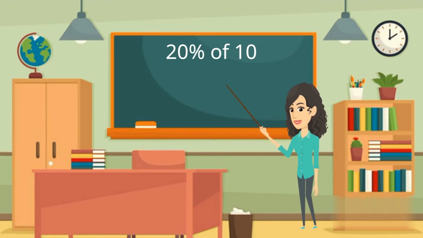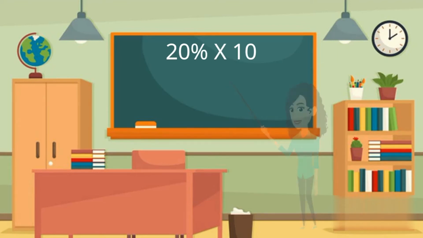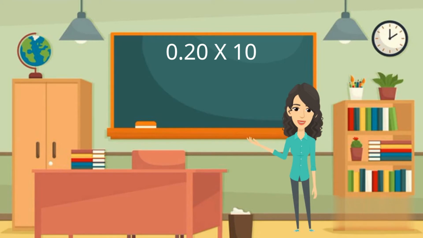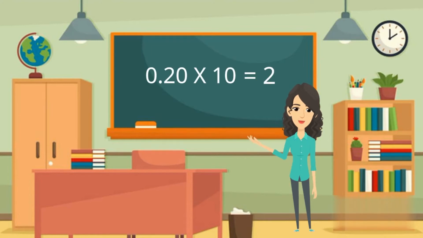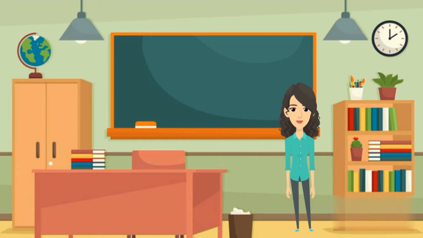First step is to replace the word "of" with a multiplication symbol. Next, we replace the percent with the decimal form, so 20% with 0.20. All we have to do is multiply 0.20 times 10. We easily get 2 as you can move the dot one space to the right, which is the same result that we get when we use the fraction form.